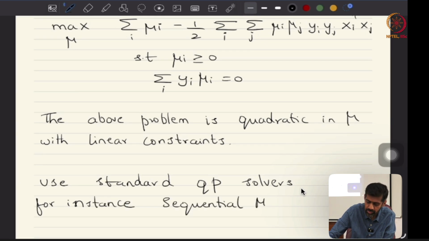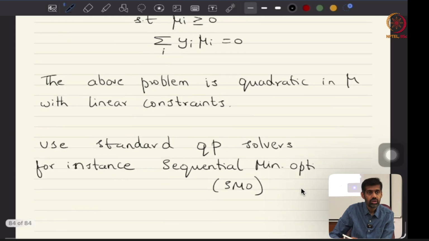I will not go into the details of how to solve a QP problem.